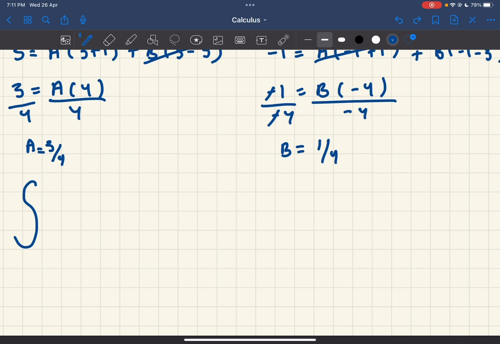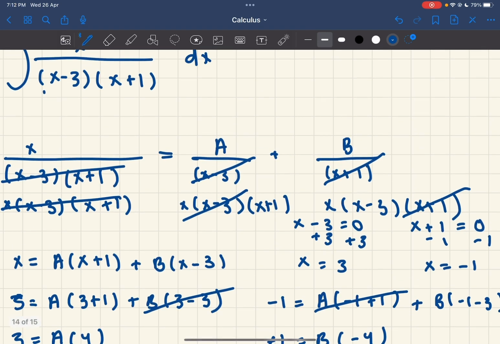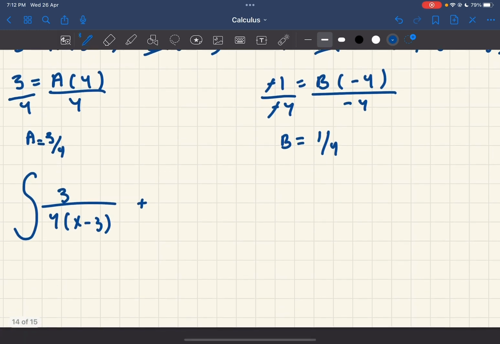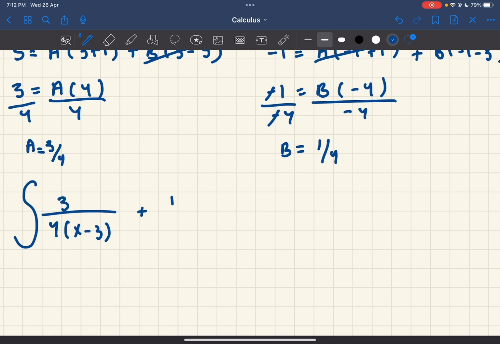So a, which is 3 over 4, x minus 3, plus b over x plus 1. Sorry, x plus 1.